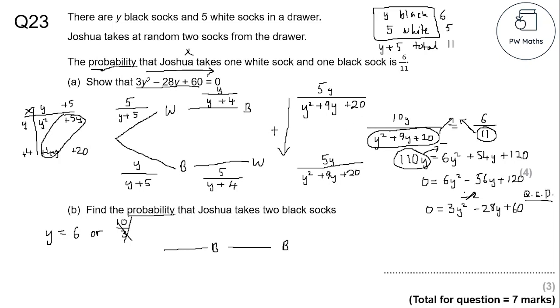The probability the first one we take is black, 6/11. If I've taken a black sock, it does affect how many there's left in the drawer. There's only 5 of them, and there's only 10 of them left in the drawer. As I go across the page, I'll draw a cross. 6 times 5 is 30. 11 times 10, 110. Didn't ask me to simplify, so I'm quite happy with my answer.